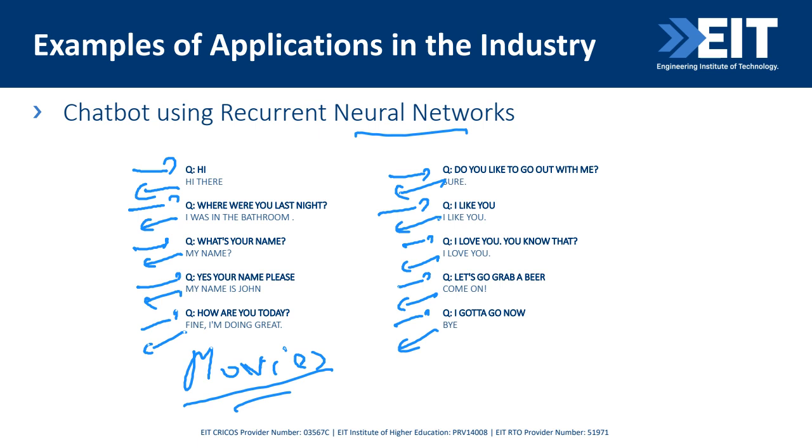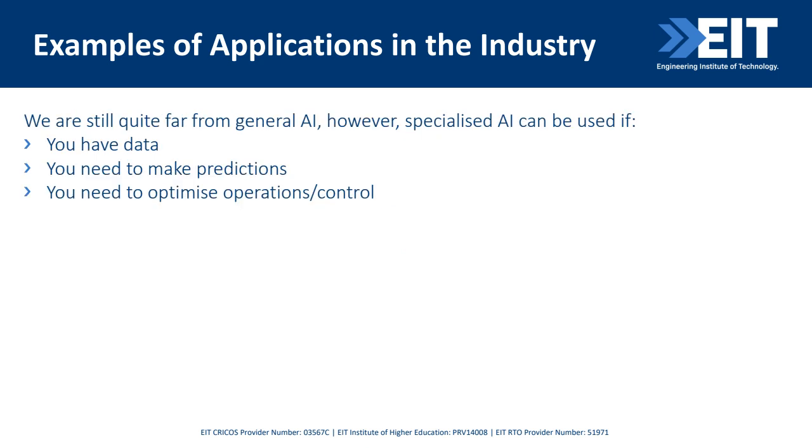And in summary, if you have data in your organization, in whatever business that you do, if you want to make predictions, or you need to make some optimization of your operations or your control, you can use AI. You can use machine learning. Okay?